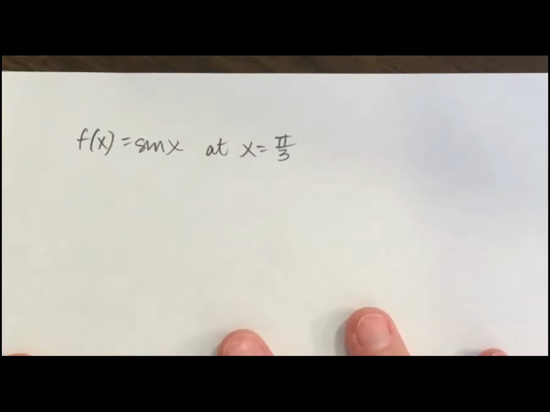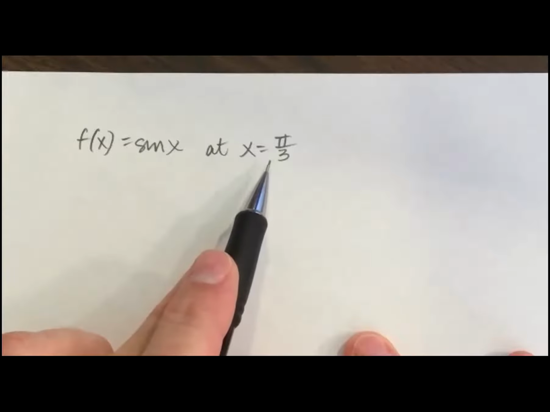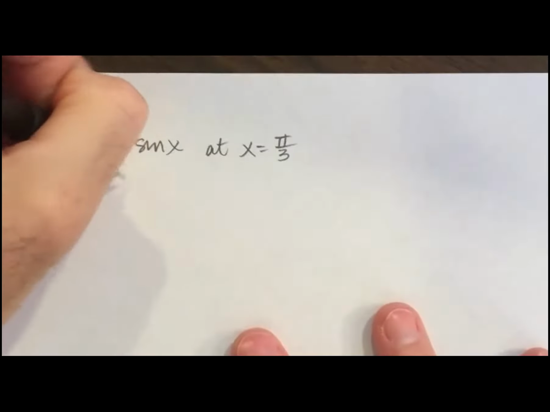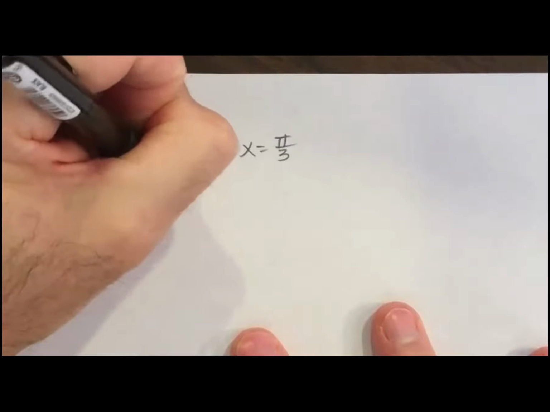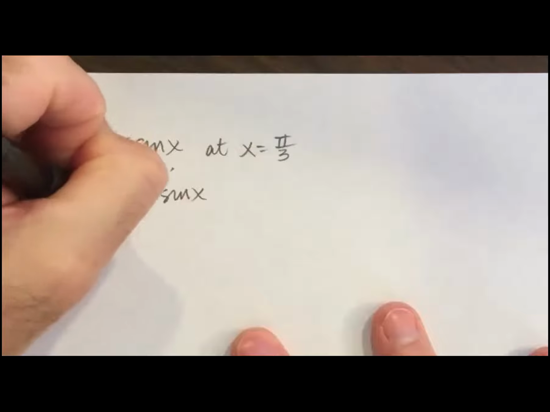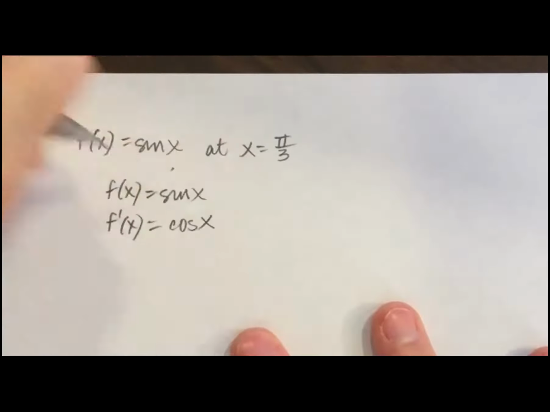So you're thinking, if I want to approximate with the polynomial, then I need to find all the derivatives, and I need to stick in the pi over 3. So what I would do is I would say f of x equals sine x, and f prime of x equals the derivative of sine. Is that cosine?